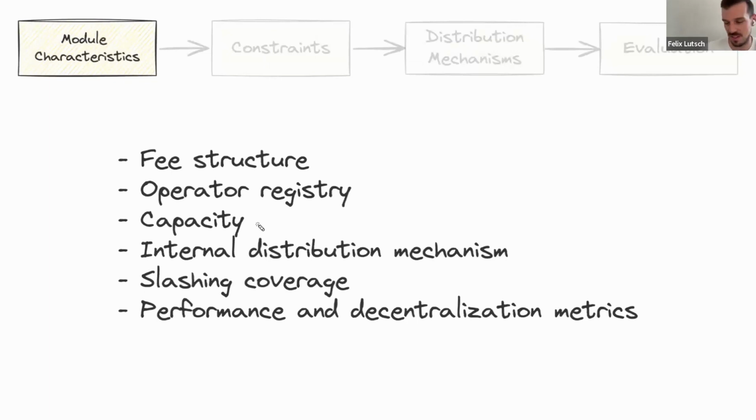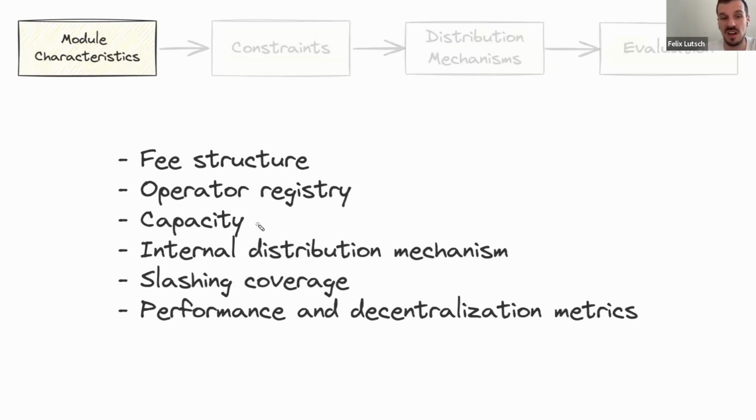A module essentially has a certain capacity of how many validators it can operate, depending on how many keys are provided by the underlying operators. So this is another thing that is tracked by the StakingRouter, and potentially limits of capacity could exist in the case of, let's say, the community staking module, when the bond is too high, or operators don't have that much capital to put up for bond.